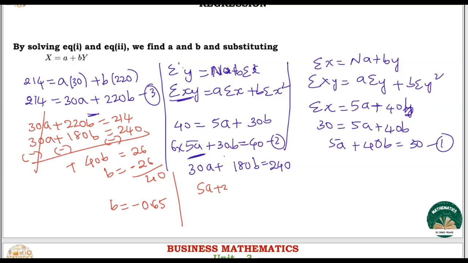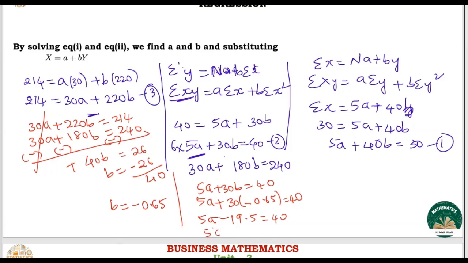Now substitute this value in equation 2: 5a plus 30b equals 40. So substituting b, 5a plus 30 into minus 0.65 equals 40. So 5a minus 19.5 equals 40.